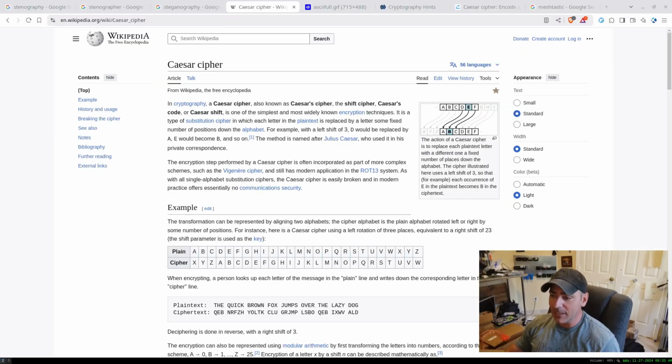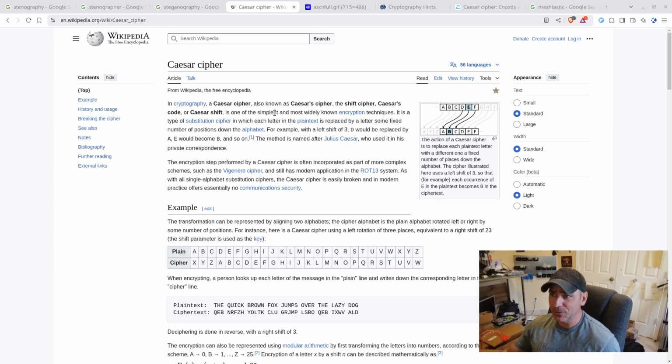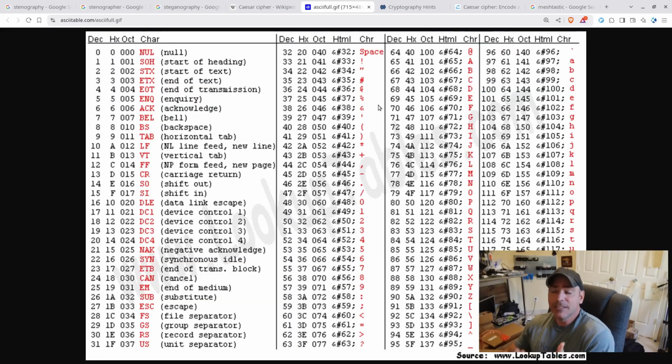And of course, when it comes to computers, we have different types of encoding. Here we have an ASCII chart, which is showing values, and each letter in the alphabet and other characters have values in this, right? We'll look at the decimal value here. So you can see that a capital A is 65, a capital B is 66, lowercase a is 97, lowercase b is 98.